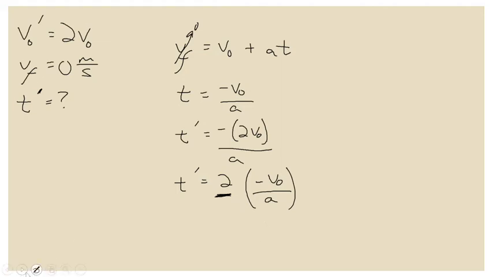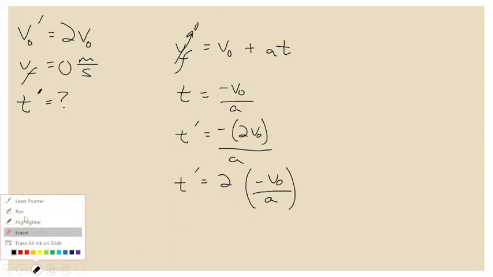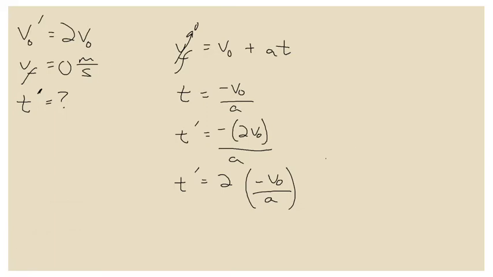And so now that we have the original equation left behind in parentheses, negative V naught over A, we just replace that with the term it was equal to, which is T, and we get that T prime is equal to 2T. And so that tells us that when we double the initial velocity, we double the time.